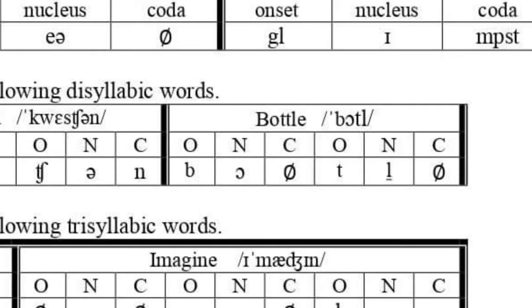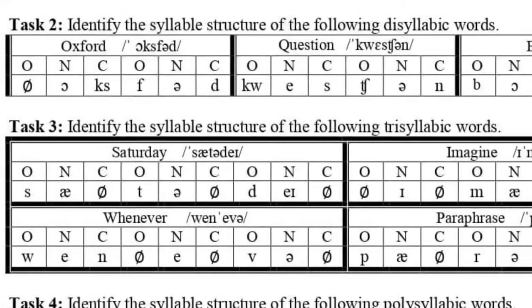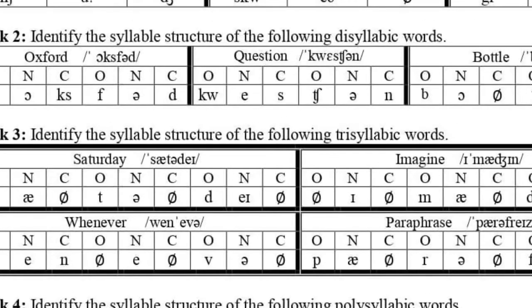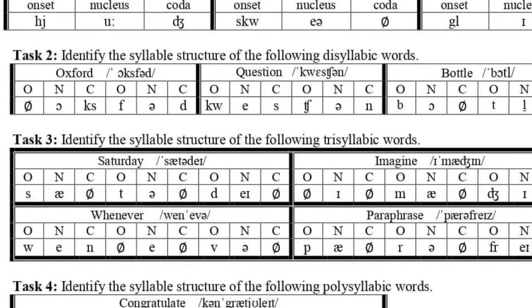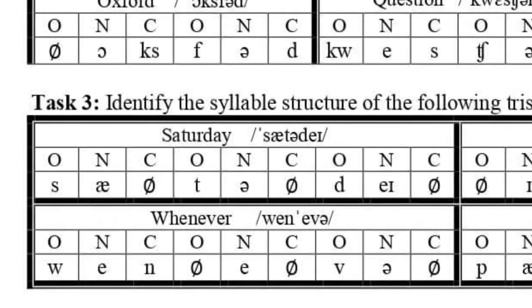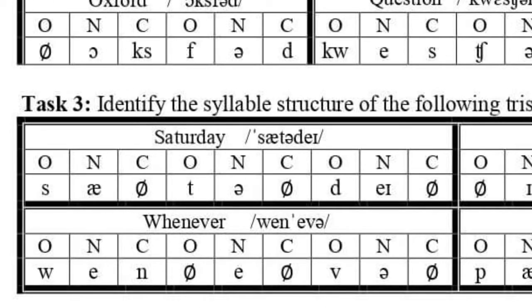Bottle. We move to the third exercise where we have words composed of 3 syllables. So the first word is the word Saturday. We analyze this word. In the first syllable, we have the onset, which is s, and the nucleus is the vowel a.